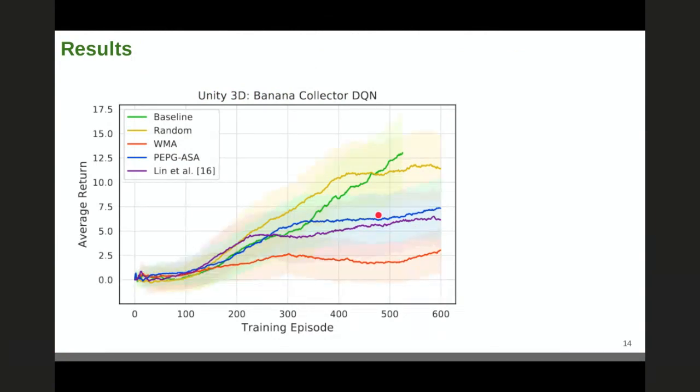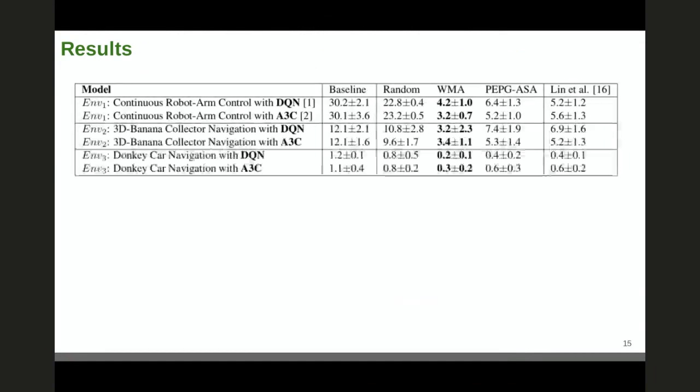The environment we use is the Unity 3D banana collector. And both results are on DQN and A3C. They can compete in the results. So WMA, the weighted majority algorithm, had the best result, followed by the EJK paper, and then our first black box attack.